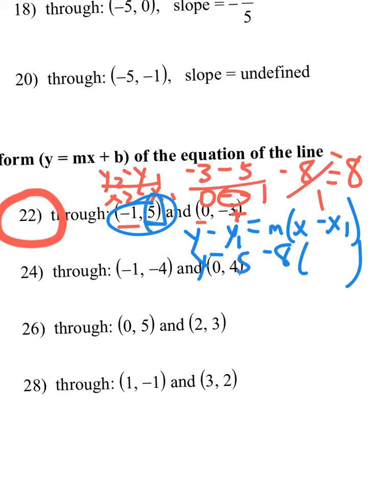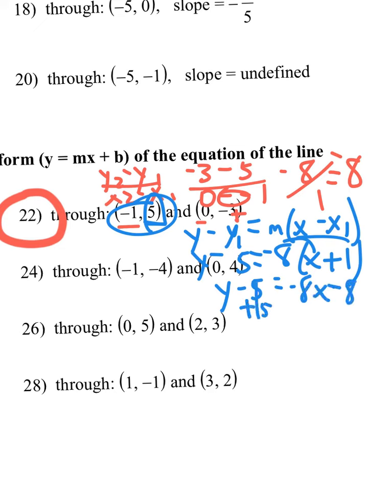So y - 5 is equal to -8 times (x minus a negative 1), which is going to turn into plus 1. Now to get it to slope-intercept form, we need to distribute. So it's y - 5 = -8x - 8. We're going to add 5, so it's y = -8x - 3.